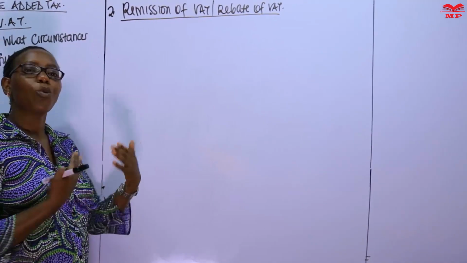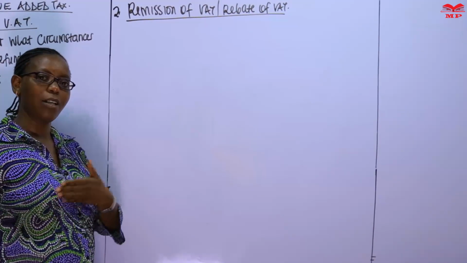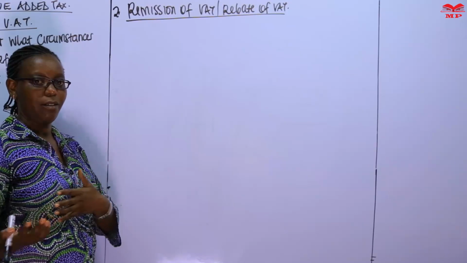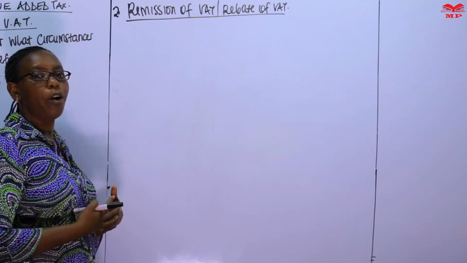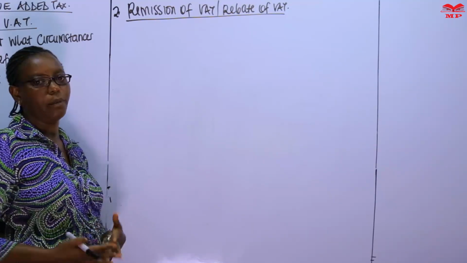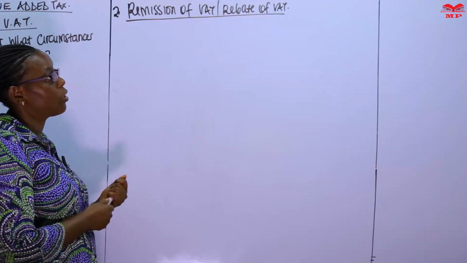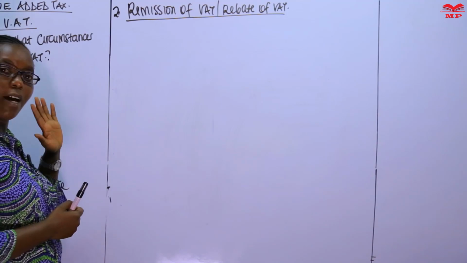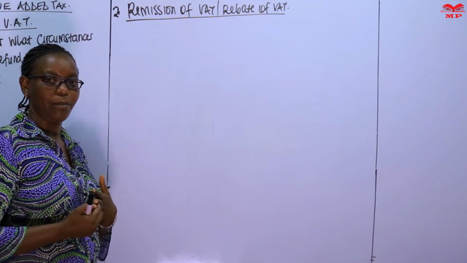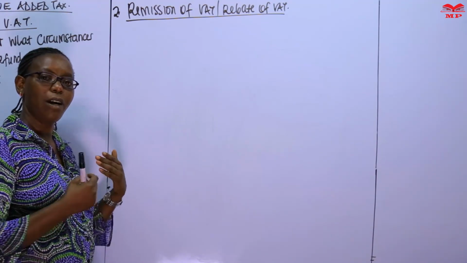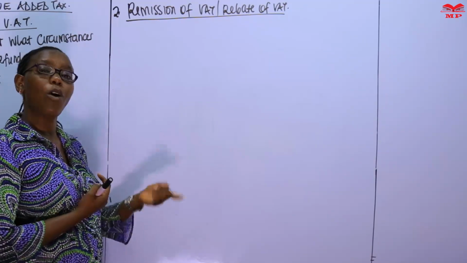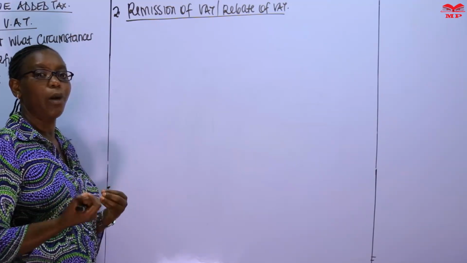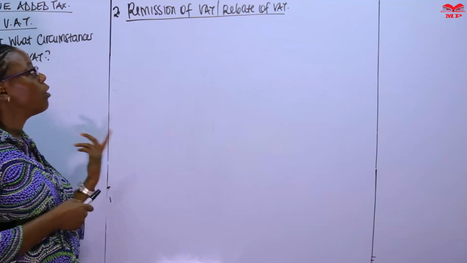For example, you bought stuff that you later donated to a disaster fund in case of a disaster, or to a refugee camp in case of such donations. So for that, he's going to remit, he's going to waive that. Of course, that is done in writing. And you must have notified the commissioner before you bought the goods, so that he's aware and he's able to remit that.